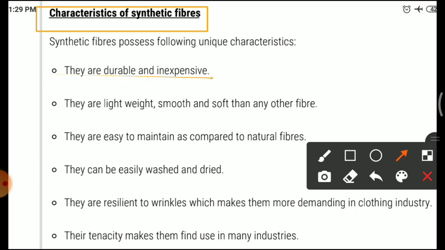They are lightweight, smooth and softer than any other fiber. They are easy to maintain as compared to natural fiber. They can be easily washed and dried. They are resilient to wrinkles, which makes them more in demand in the cloth industry. Their tenacity makes them find use in many industries.